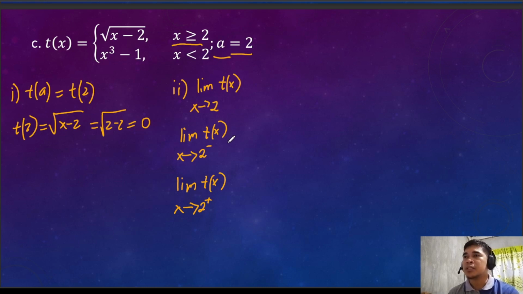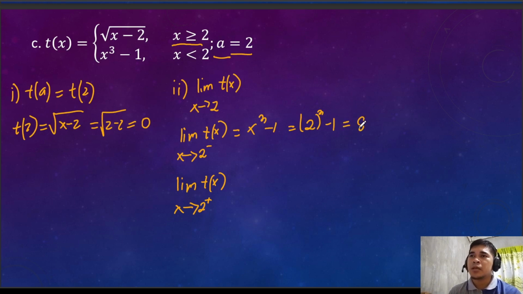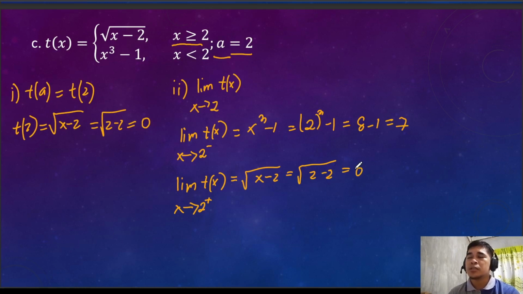So from the left, meaning less than, we need to use x cubed minus 1. So that is 2 cubed minus 1. What is 2 cubed? That is 8 minus 1 equals 7. And then for the limit of t of x as x approaches 2 from the right, or greater than, we got square root of x minus 2. So we got square root of 2 minus 2. So the answer is 0.